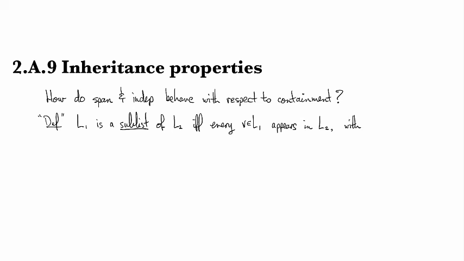And since they're lists, we have to have the caveat that if V appears more than once in L1, then it appears the same number of times in L2. So I'll call that the same multiplicity.